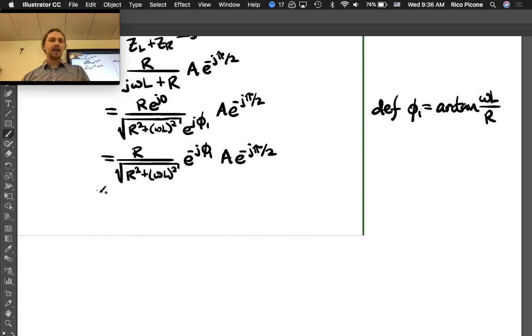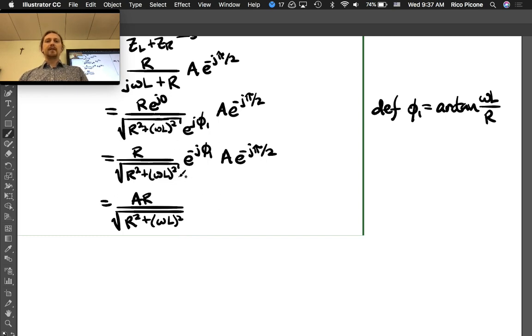So now we can multiply these two phasors. We got a magnitude and a phase, and then we got a magnitude and a phase. So the A multiplies by the other amplitude. So we've got AR divided by square root of R squared plus omega L squared.